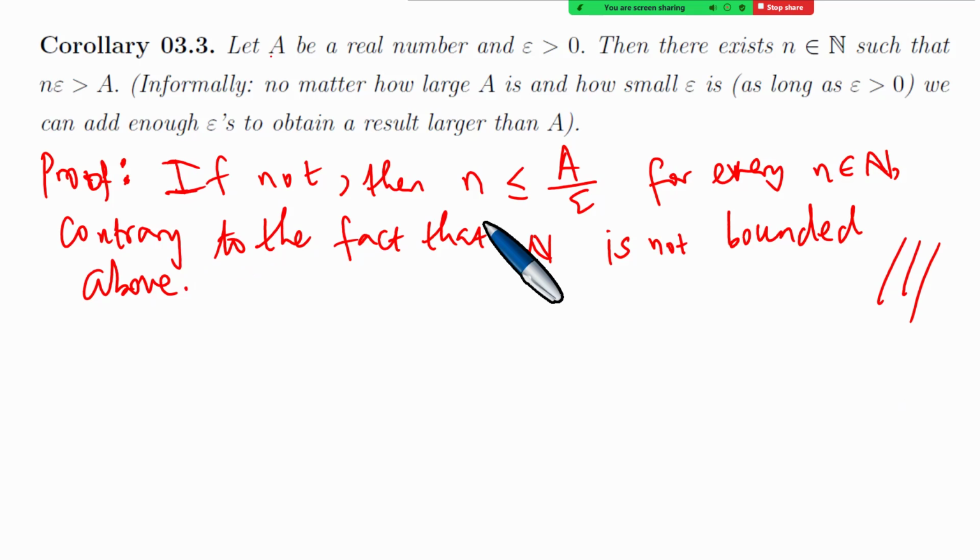If not, okay, let's start by looking at this. Let A be a real number, and epsilon be positive.